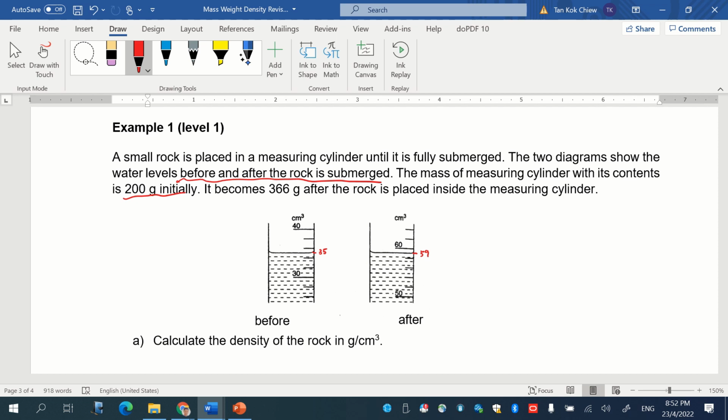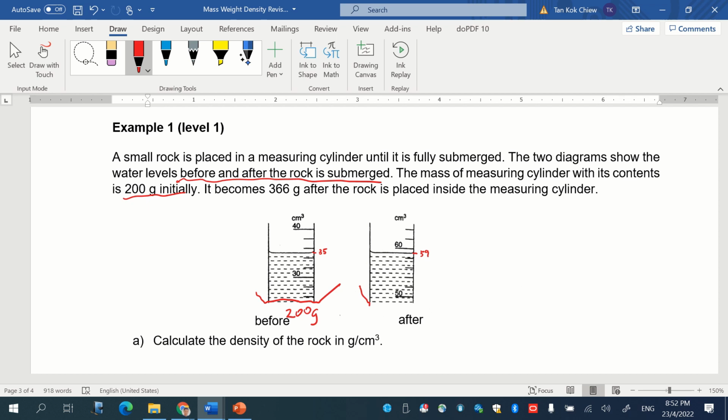So before the rock is put in, this mass is 200 gram with its content, which means with this liquid.